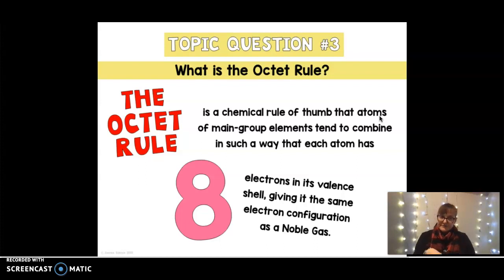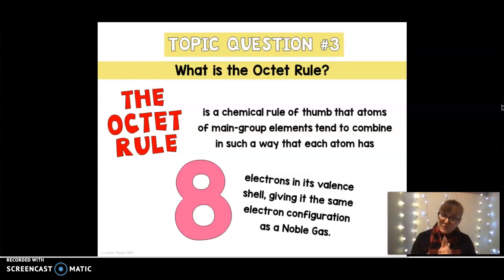Just a reminder, because we did this before with our octet rule, this is the chemical rule of thumb that atoms of main group elements tend to combine in such ways that the atom has 8 valence electrons. It wants to look like a noble gas, right? So it wants to have that full valence electron.